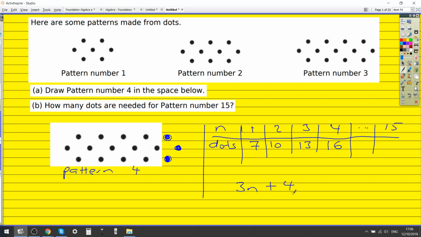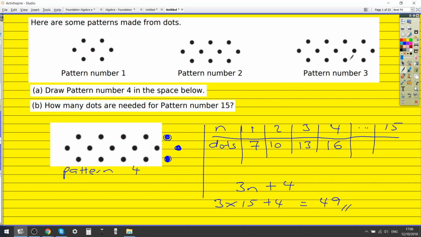But it's 4 bigger, so plus 4. So how can we get the dots for pattern 15? So you do 3 times 15 plus 4. Yeah. And 3 times 15 is 45, plus 4, 49. Well done.